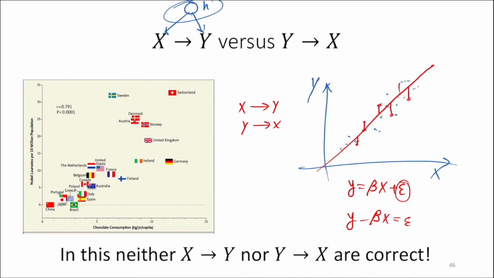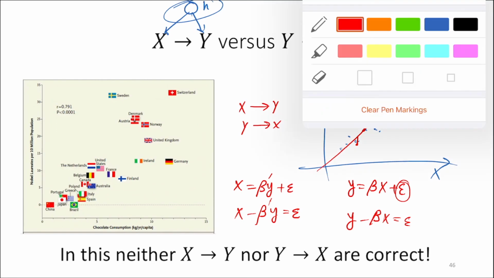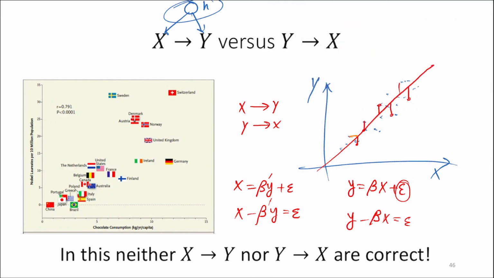If it is the other way around, then X minus something, and in that case, the noise is really added like this. But we don't know which one is which. We don't know the noise. This is the noise or this is the noise.